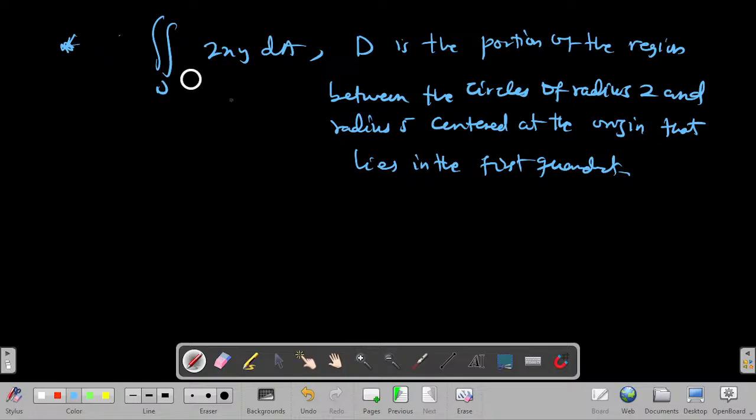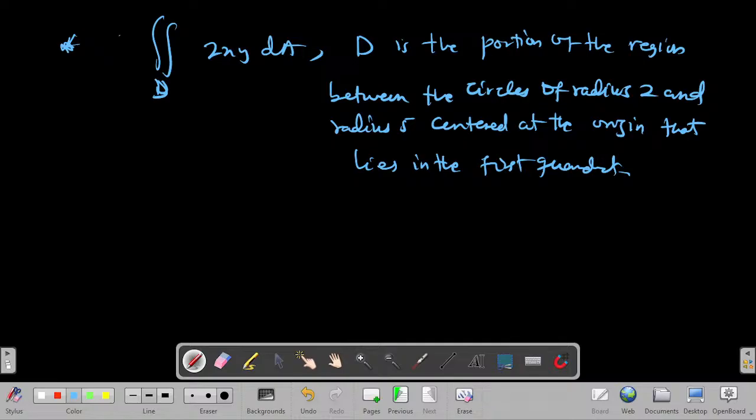So we have this double integral over region D of 2xy dA. D is the portion of the region between the circles of radius 2 and radius 5, centered at the origin, that lies in the first quadrant.